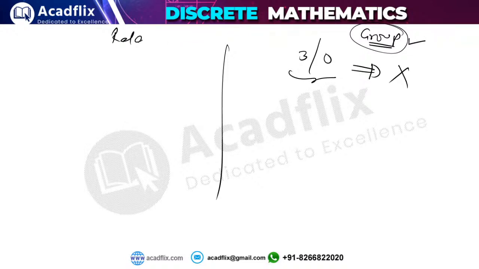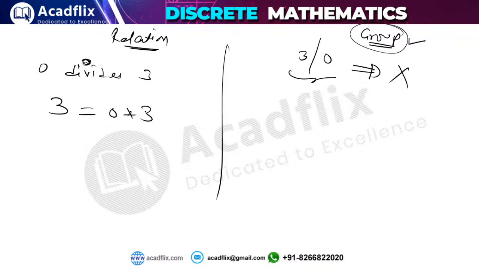But in relations, remember, 0 actually divides 3. Why? Because this 3 can be written as 0 multiplied by 3. Remember, in relations we are only interested in finding this relation.